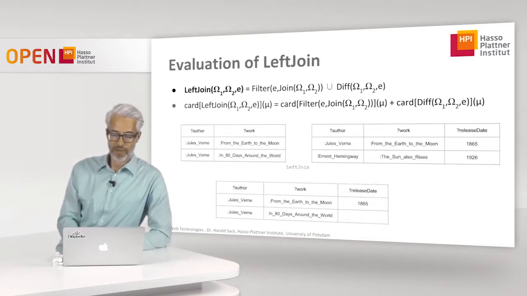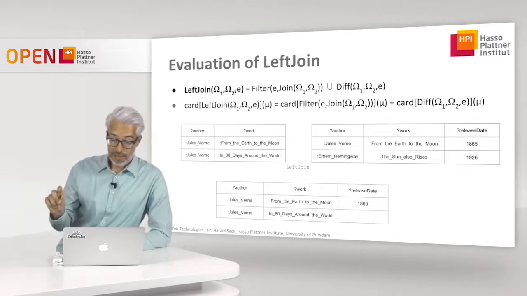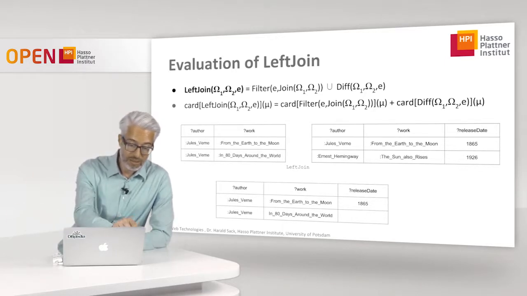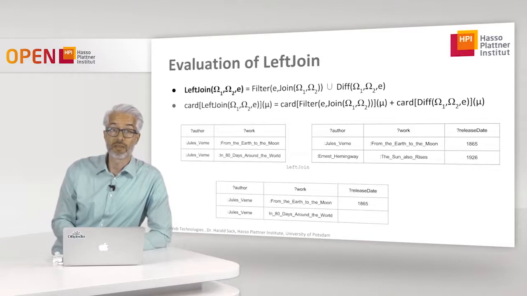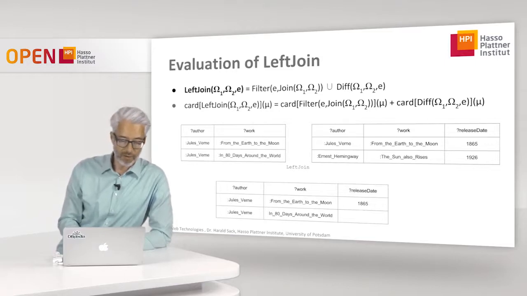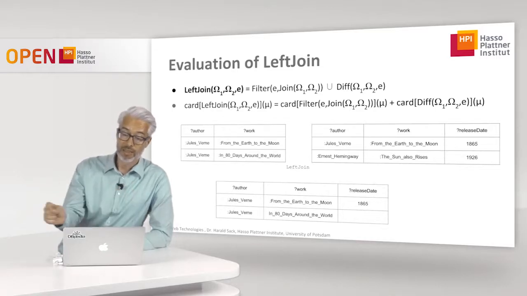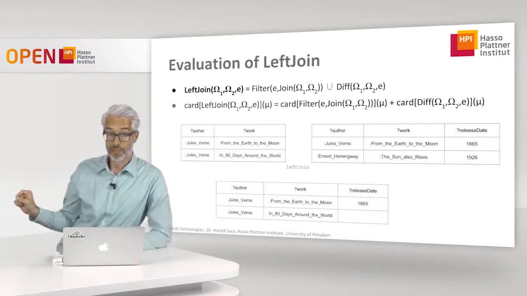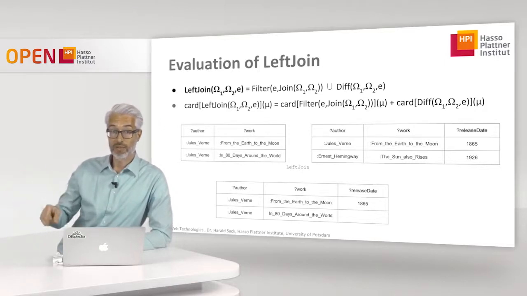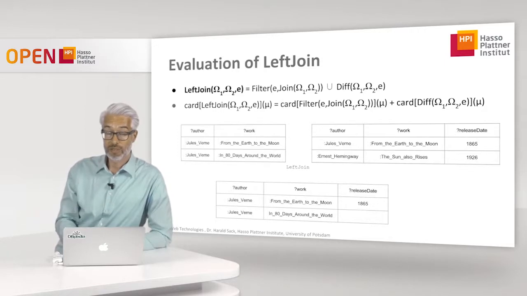And we want to have the release date for the results we have in the first table. So we want to have author and work from the first table and want to combine this with the release date for the corresponding pair which exists in the second table. To look for the corresponding pair, therefore, you need this join operation, and then to get rid of the rest which is not found, you need in the end the difference.